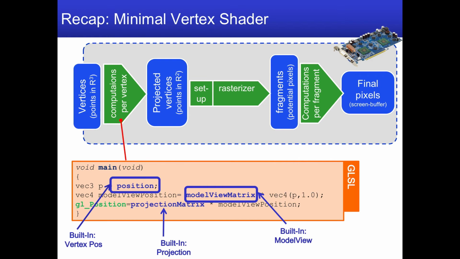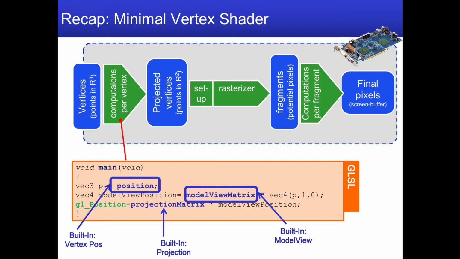So the minimal vertex shader is the one that takes the position of the vertex and transforms it by multiplying by the model matrix, the view matrix, and the projection matrix. Actually, the three stages of the pipeline that generate the clip coordinates, right? This is basically what the GPU does all the time that you render something, right? It implements this shader, right? You can write it, it will do the same, okay?